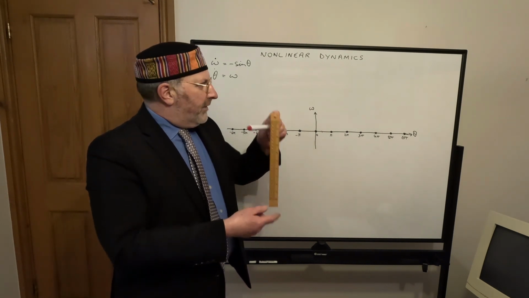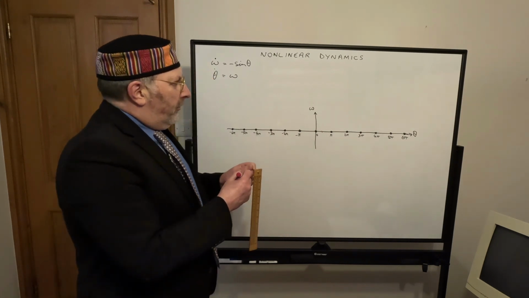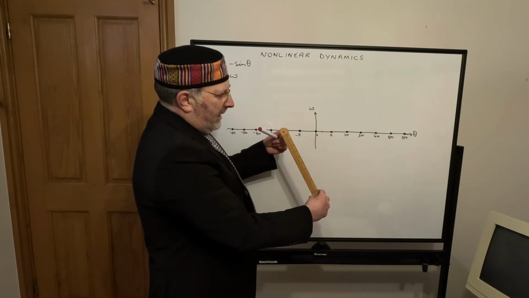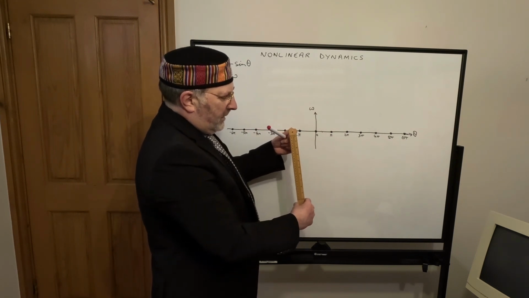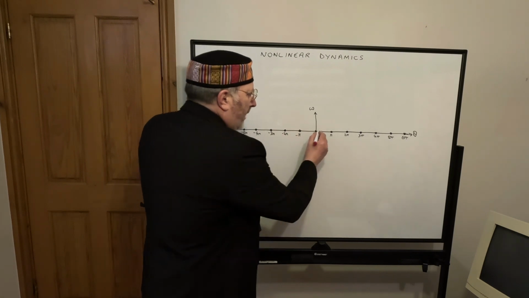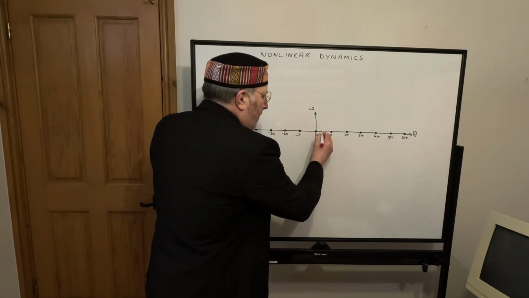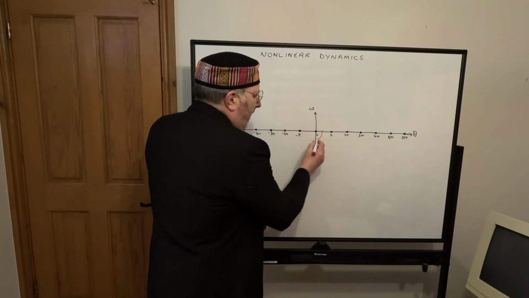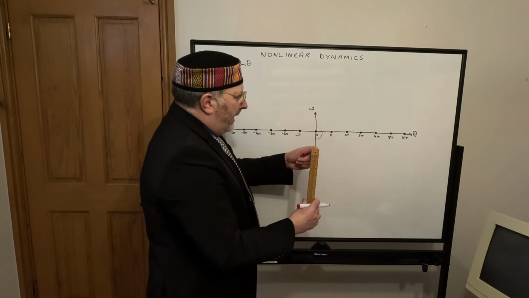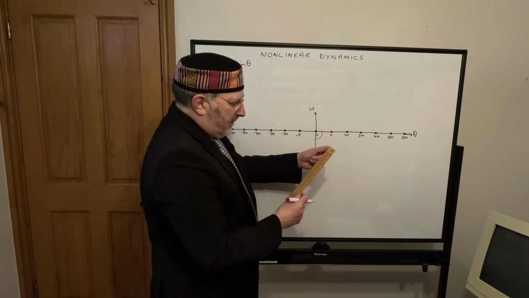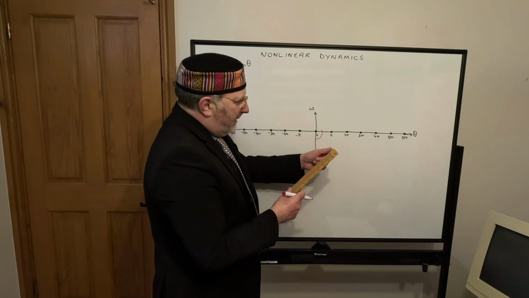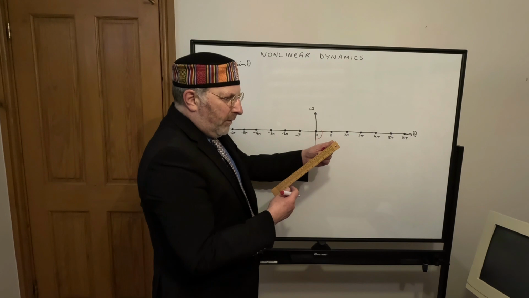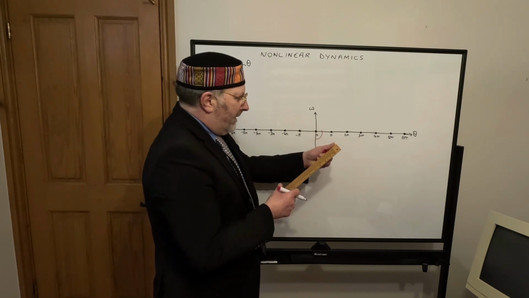So omega is going to move in the negative direction. So at this point, omega is negative and theta is decreasing towards 0. And then as it goes through 0, omega is becoming less negative, moving back towards 0 as it comes towards the end of its swing, when it will stop momentarily.